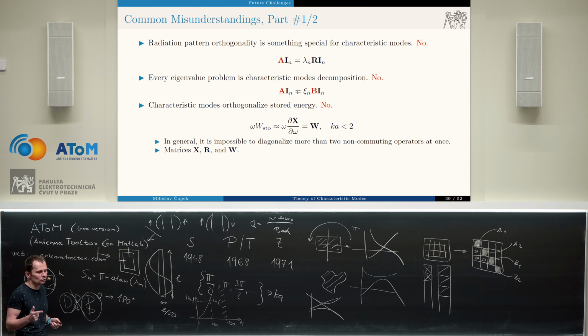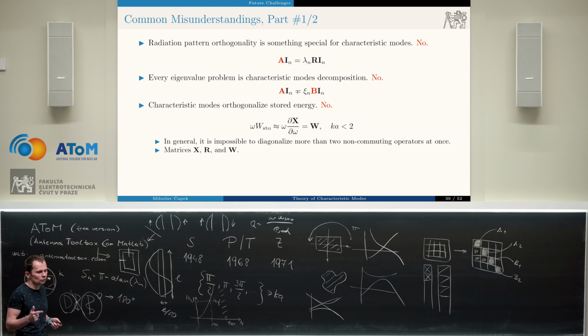by some different name. Next, characteristic modes are not orthogonalizing stored energy. This is not possible because stored energy, as I was showing, is defined through a matrix W, as it is called here, and it's a partial derivative of the X matrix over omega, normalized by omega.